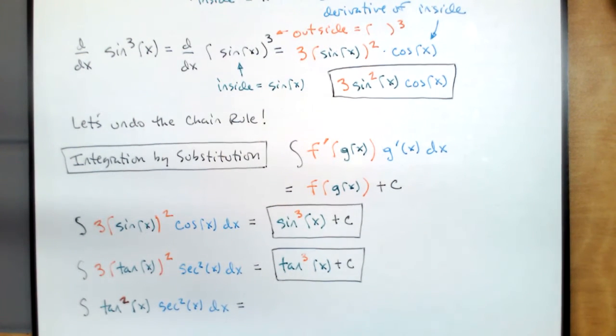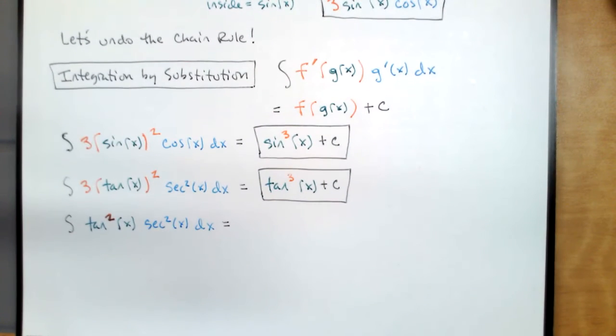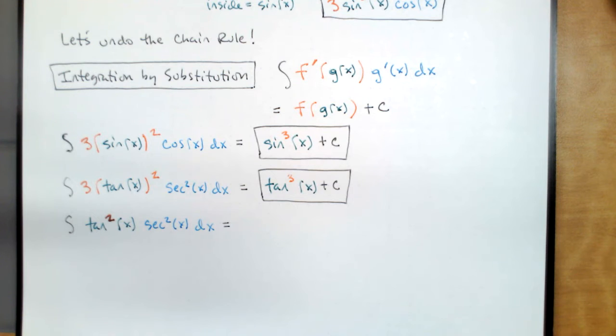So in this case, our inside function is tangent. The secant squared is sitting there to be the derivative of the inside to make substitution go. That's the clue that this came from the chain rule.